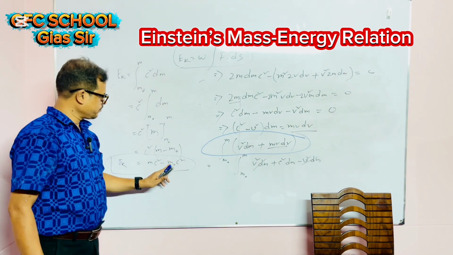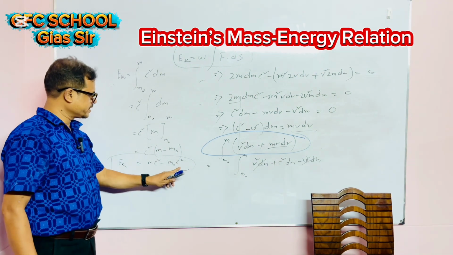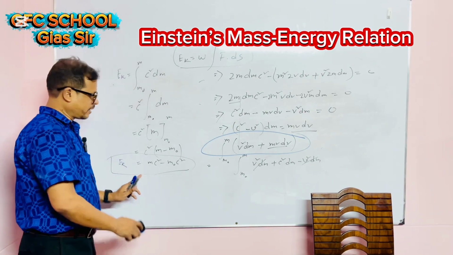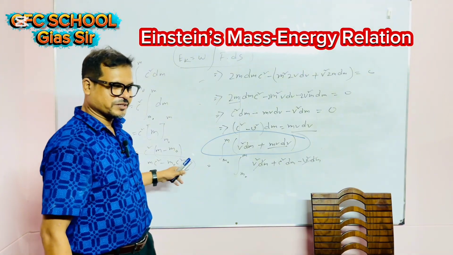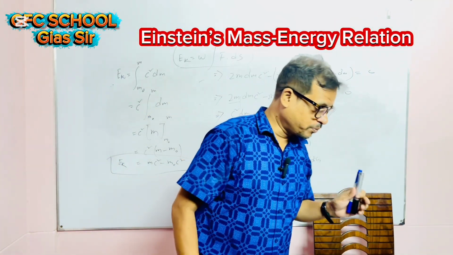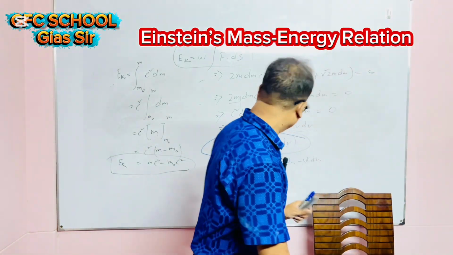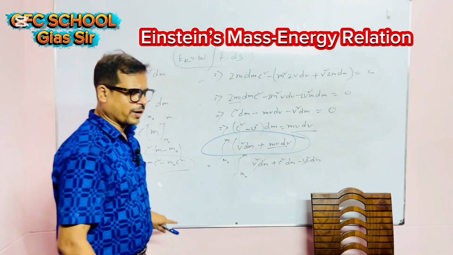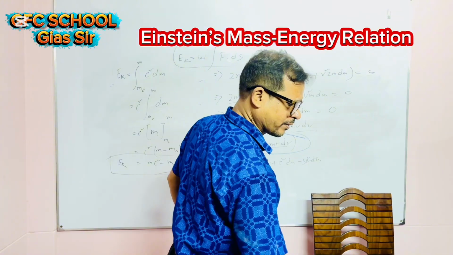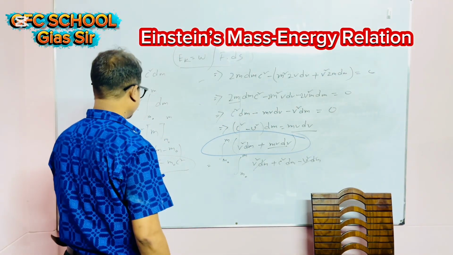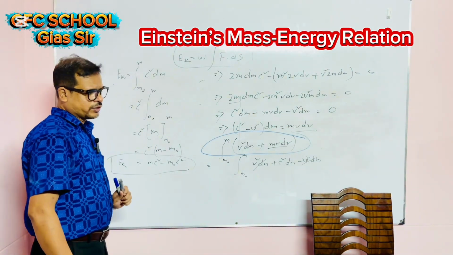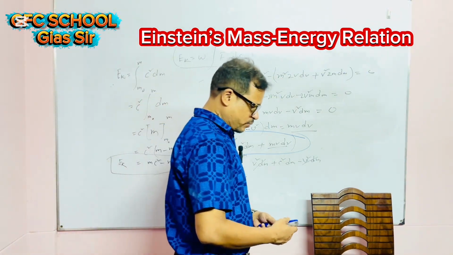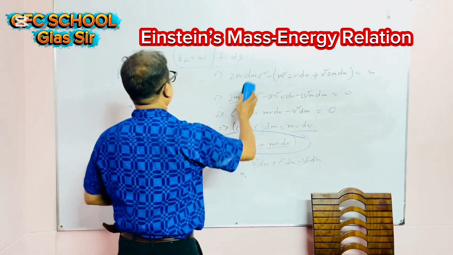And from this, we have to understand what is this, what is this, what is this. At first, I said this is kinetic energy, and m naught is the mass of the body at rest, that means the energy of the object when it was at rest, and m c squared is the total energy, and this is the kinetic energy. That means what can we say, guys?